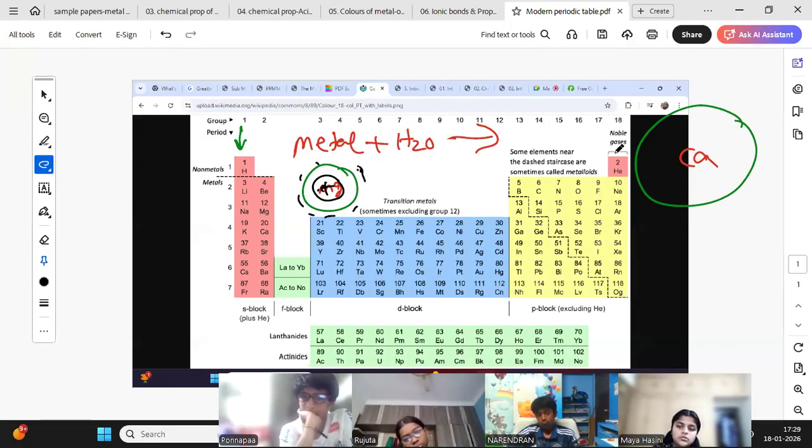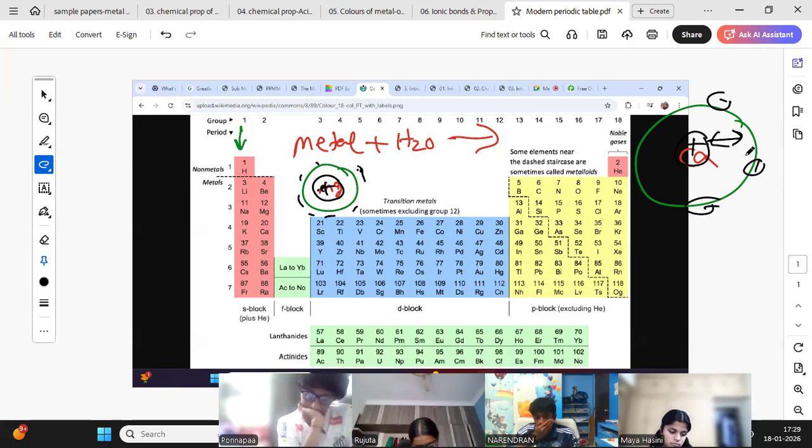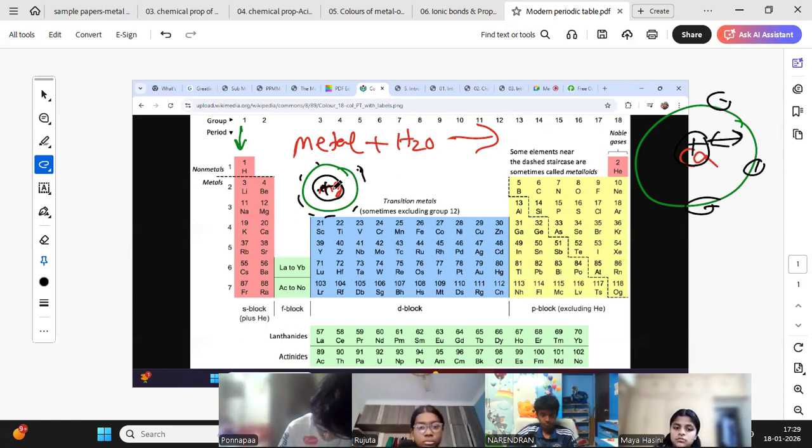But here, as it is bigger in size, the protons are in the center and the electrons are on the outer shells, so the distance is more. Which metal can easily lose its electrons? The small one has more bonding, the big one has less bonding. Calcium can easily lose them.